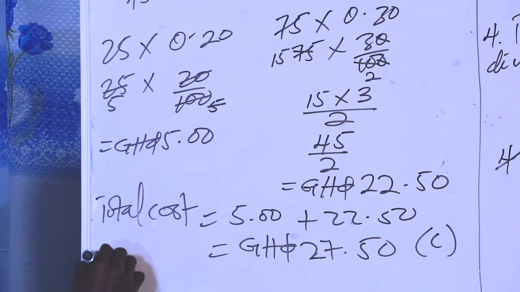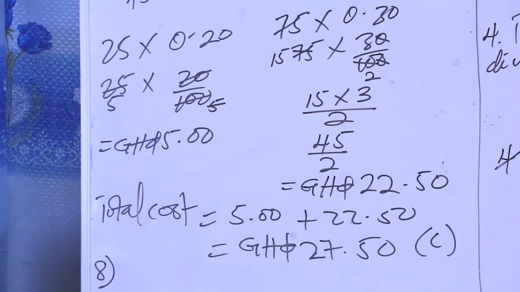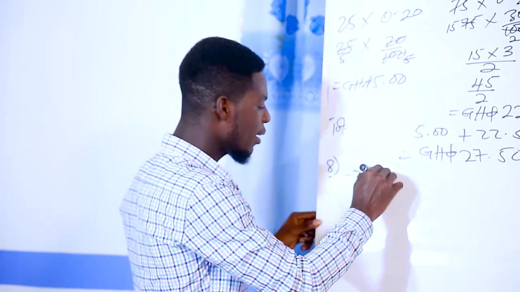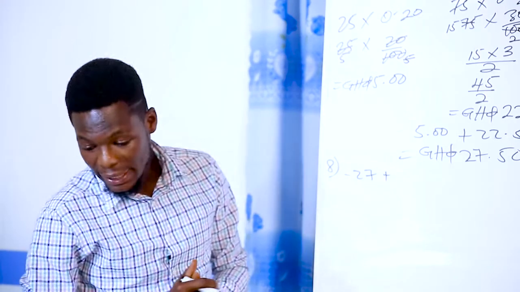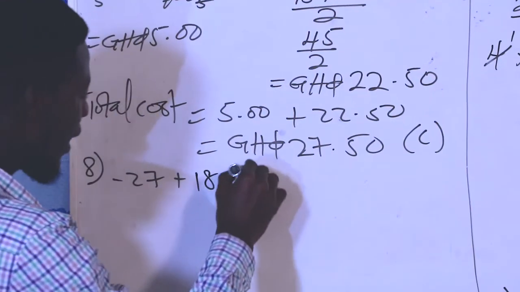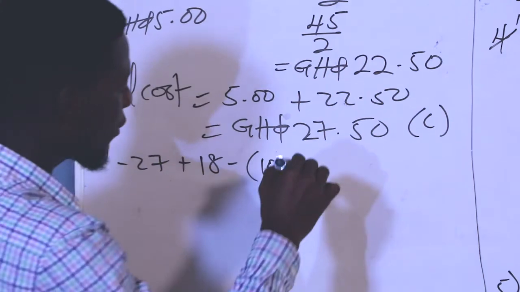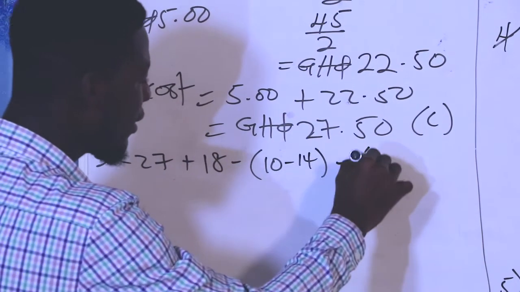Now let's go to question 8. Question 8 is integers. We have negative 27 plus 18 minus into bracket 10 minus 14 minus negative 2.